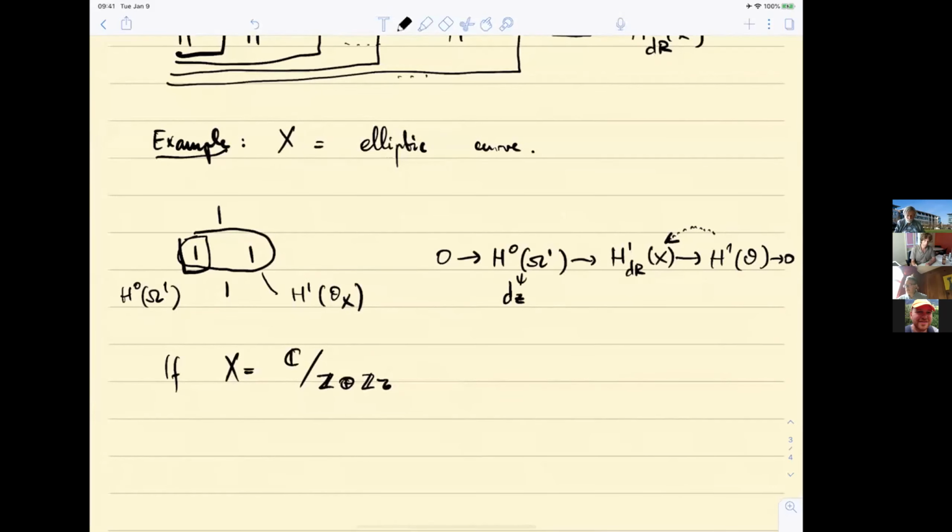And that's a natural generator for H^0 of Omega^1. And that maps to some form that I would still call dz.